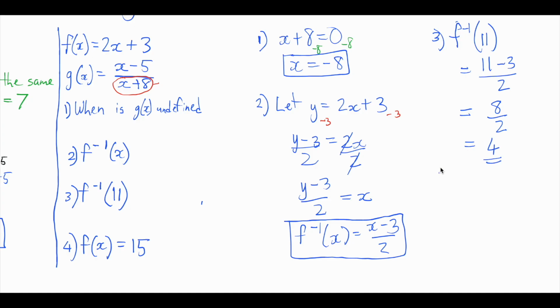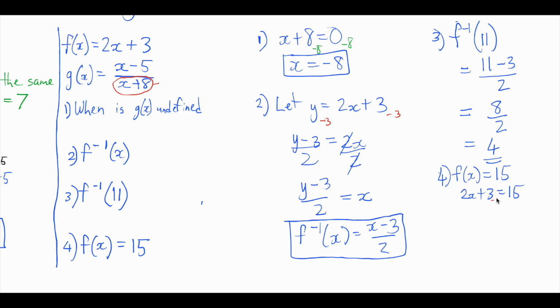Alright, so then the last one now. f(x) is equal to 15. So we want to figure out what value of x would give us 15. So we know what f(x) is, 2x plus 3. So 2x plus 3 is equal to 15. So we're going to end up subtracting the 3 from both sides.